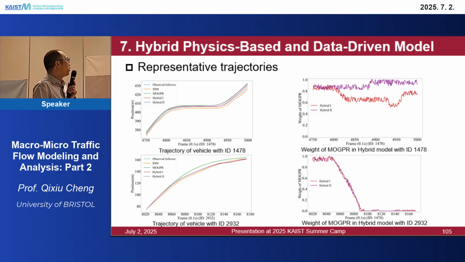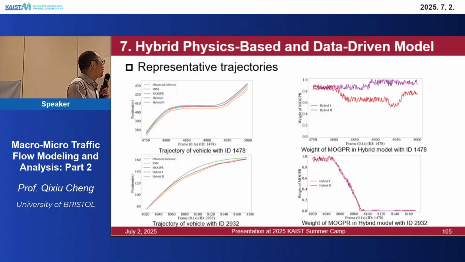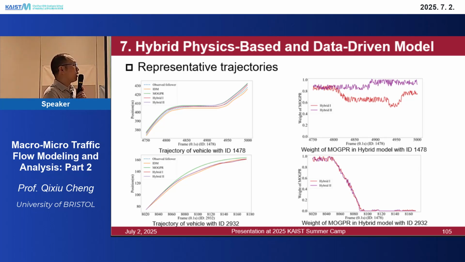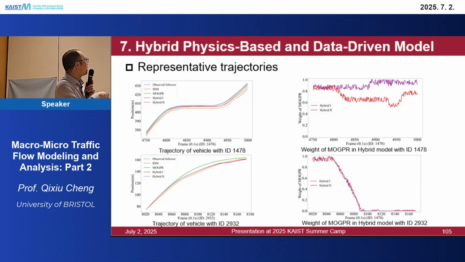If we look at this figure, this is the weight of the data-driven model. We can see that from this time, the weight of the data-driven model decreases. This is because if we look at the vehicle trajectories, the vehicles experience traffic congestion here.